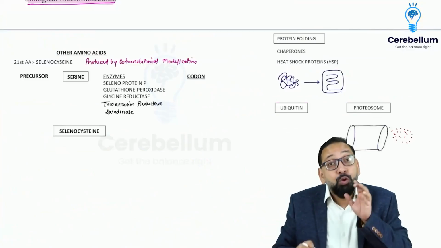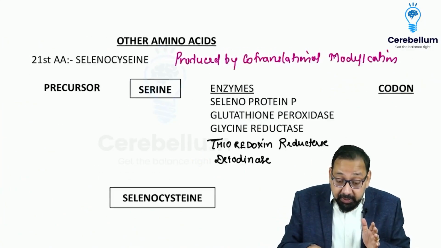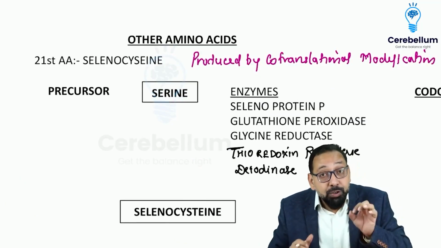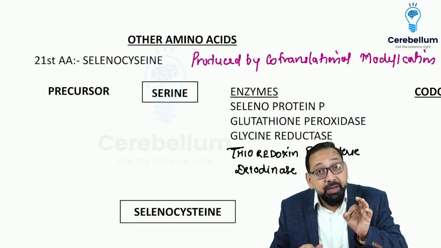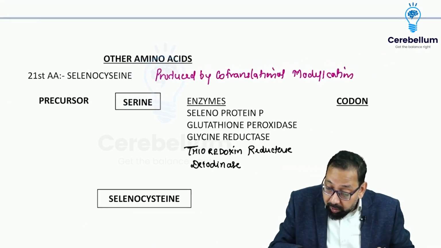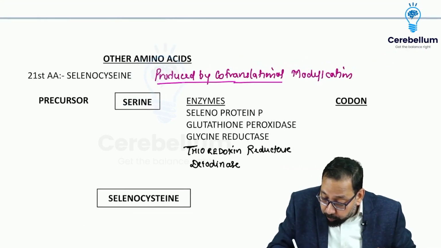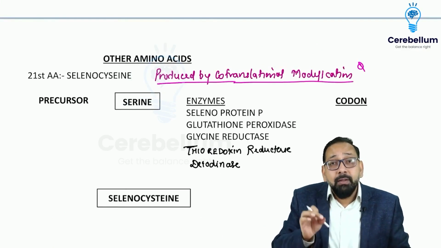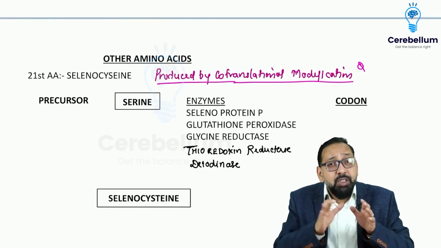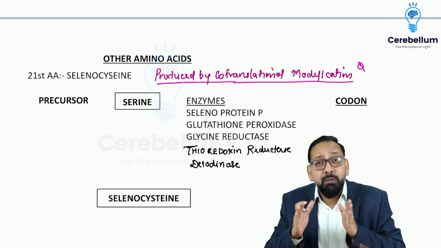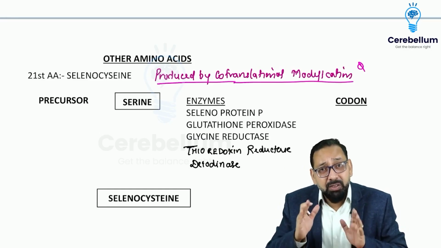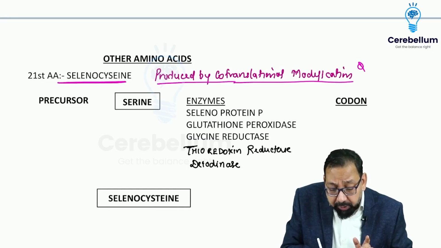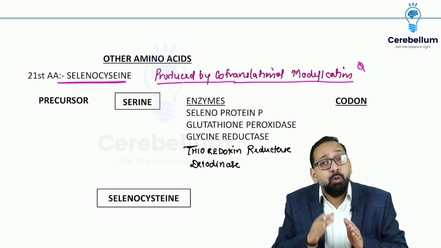Now we come to the 21st amino acid, that is selenocysteine. Selenocysteine is the 21st amino acid and it is produced by co-translational modification. This is a question. You know that there are 20 amino acids which take part in protein synthesis, but there is a 21st amino acid, selenocysteine, which also takes part in protein synthesis.